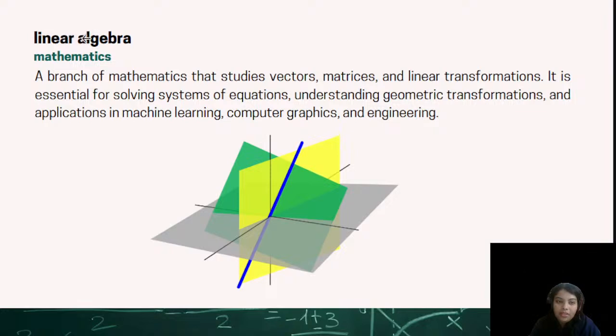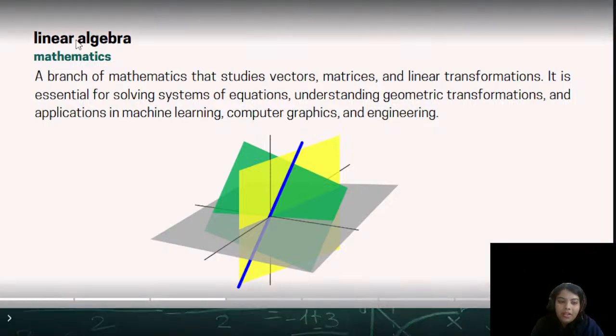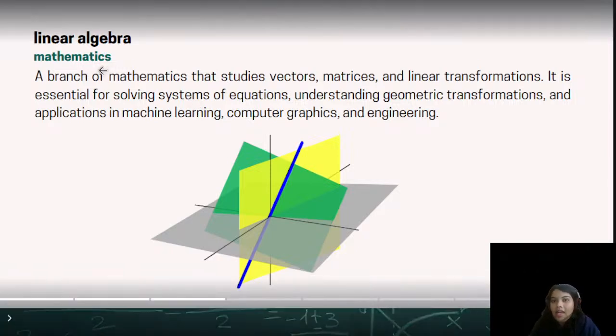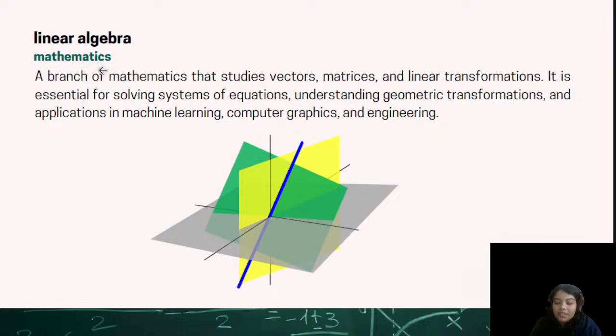To begin with the simplest term, what is linear algebra? Whenever the word linear algebra comes to my mind, it pops up a straight line or something linear in figure. Linear algebra is something that deals with mostly vectors, algebra, and sets of lines, vectors, and arrays of numbers which are called matrices.